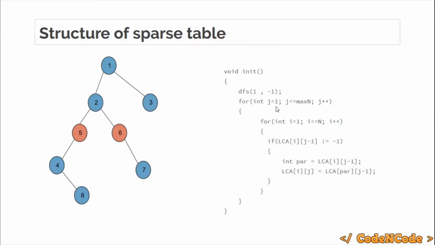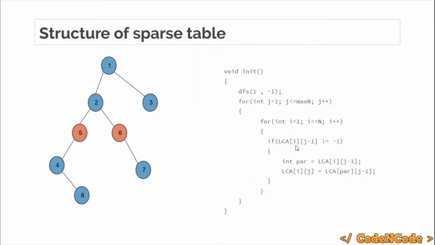Now we have to calculate from 1 to max n, so the first loop is from 1 to max n. After that, for each node from 1 to n, we calculate the jth parent. To calculate the 2's power jth parent, as explained earlier, the 2's power (j minus 1)th parent must exist. So if for node i its (j minus 1)th parent exists, then its value won't be -1.